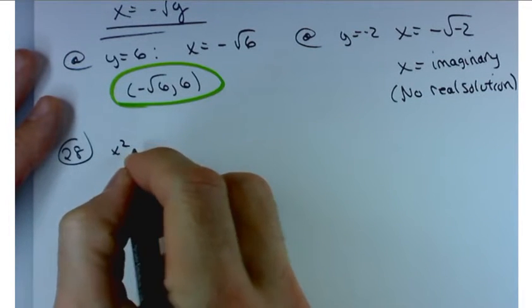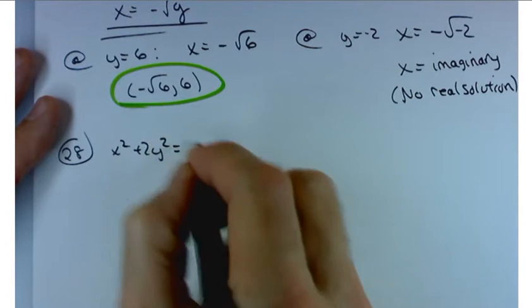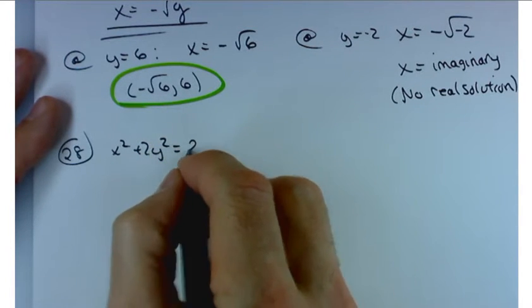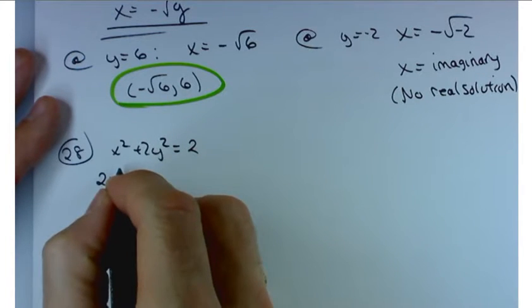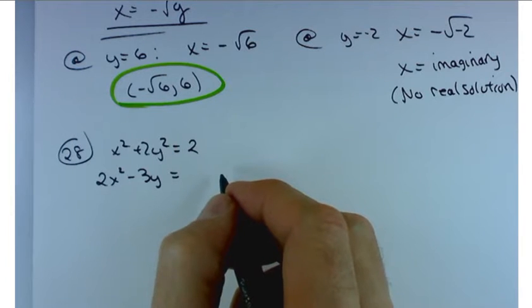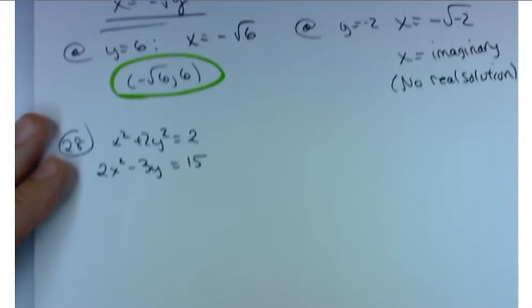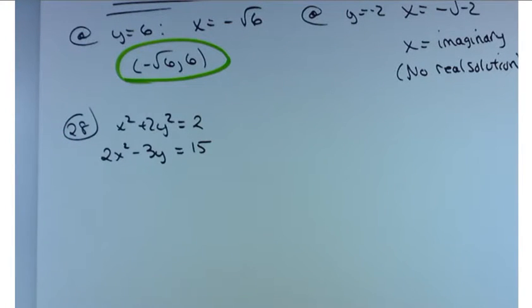x squared plus 2y squared equals 2. And 2x squared minus 3y equals 12. Wait, 15, thank you. Thoughts on this one? Yeah, multiply the top by -2.